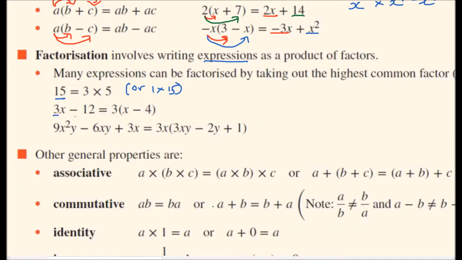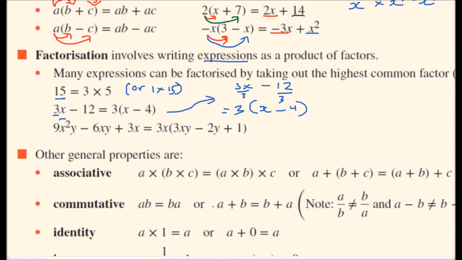So you'll have to divide the whole thing by 3. If the common factor is 3, you divide all of them by 3. So the final answer, putting it back into bracket form, is 3 times x minus 4, because if you were to expand this, it'll become 3x minus 12.